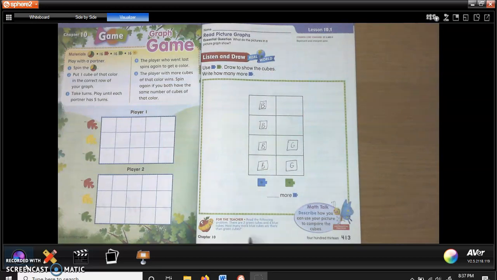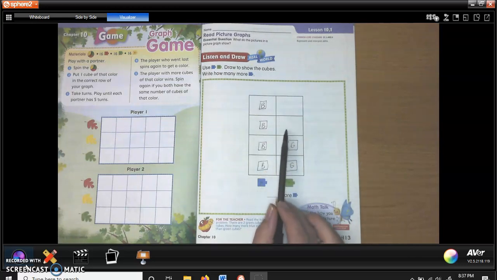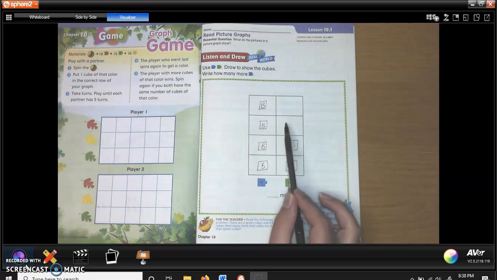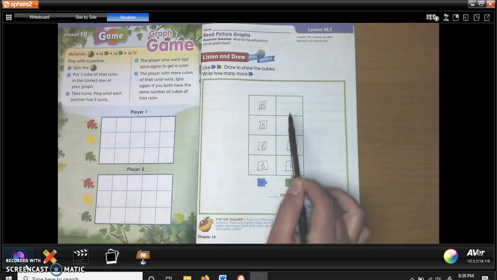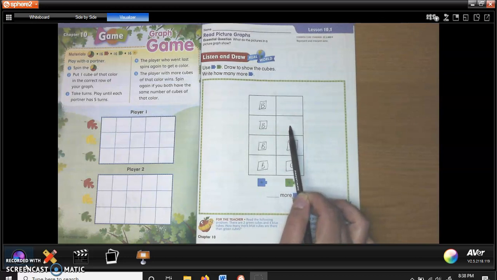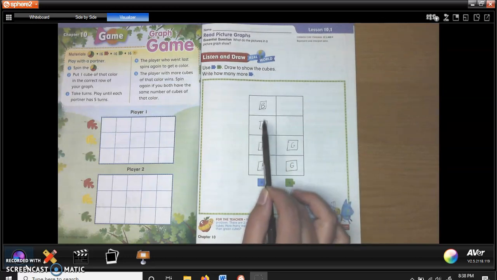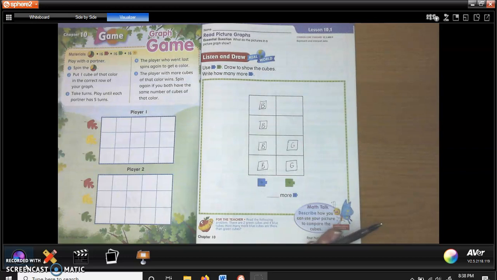Okay, now here is the question. How many more blue cubes do we have than green cubes? So, I have 4 blue cubes on this side. I have 2 green cubes. Now, there are 2 different ways that I can do this. I can count the extra spaces, because this shows me that there are 2 spaces here that are empty, that have 2 more blue cubes.